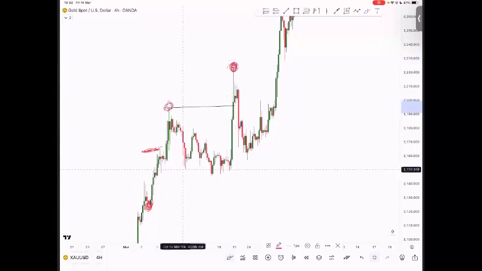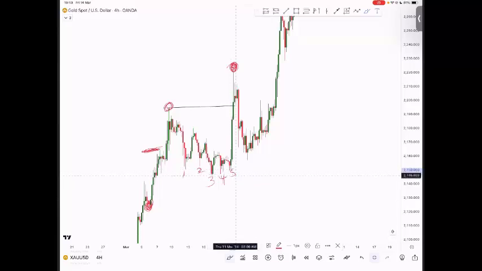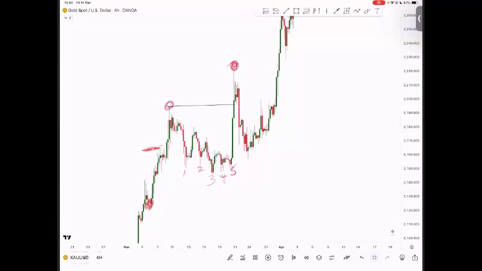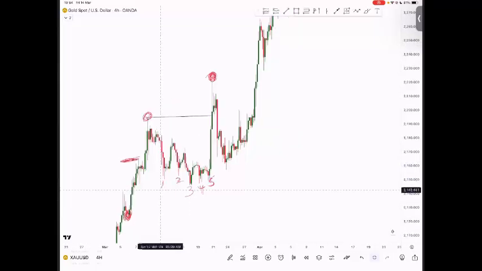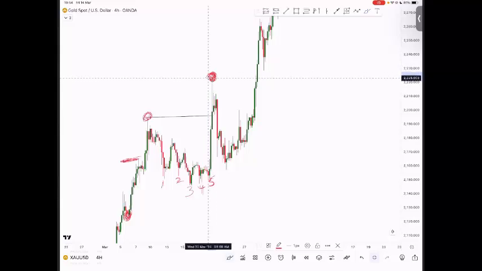We have low 1 here, low 2 here, low 3 here, low 4 here, and low 5 here. So we have 5 lows here now. Which one is the valid higher low? The valid higher low in this case will be the lowest of them all. The lowest point that price gets to before creating a new high is your valid higher low.